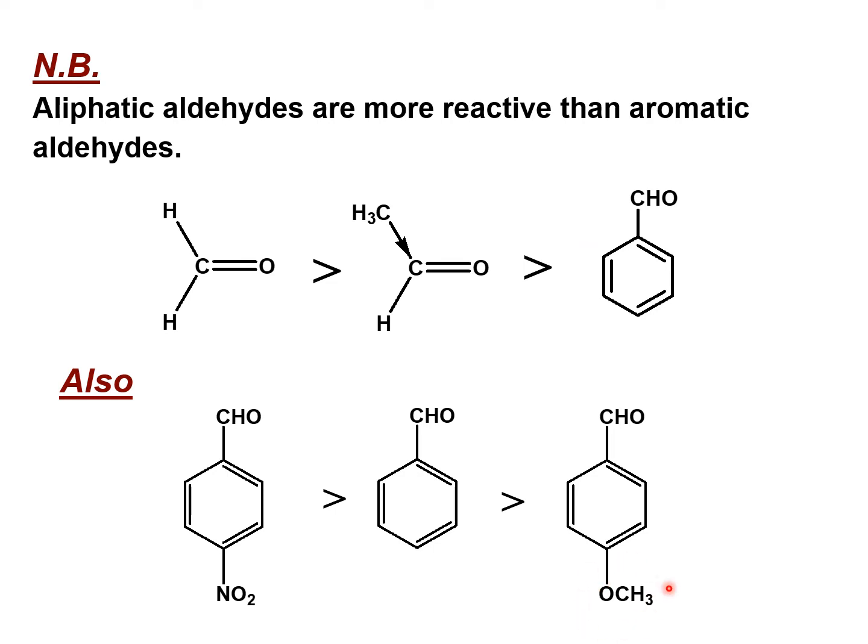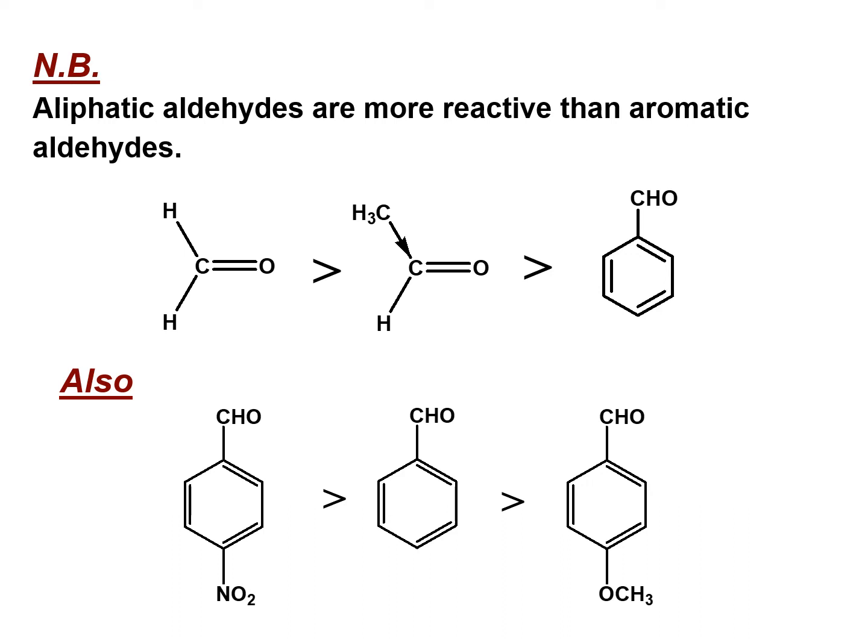And if you add an electron donating group to the benzene, you are reducing the reactivity. And if you add an electron withdrawing group, you are improving the reactivity.